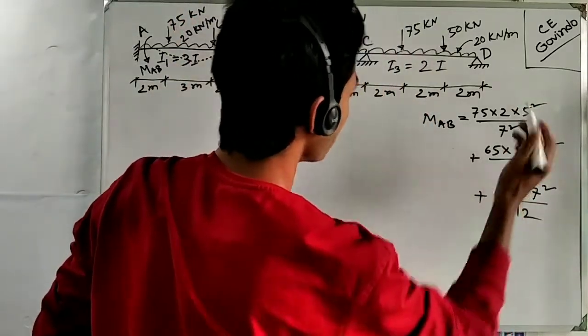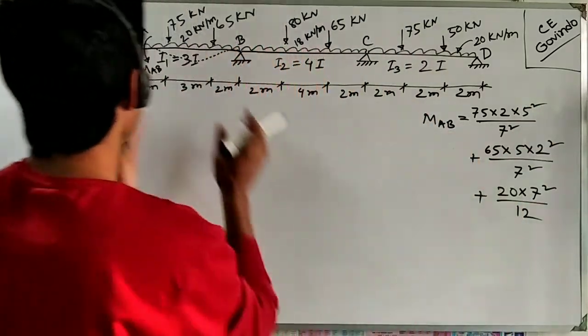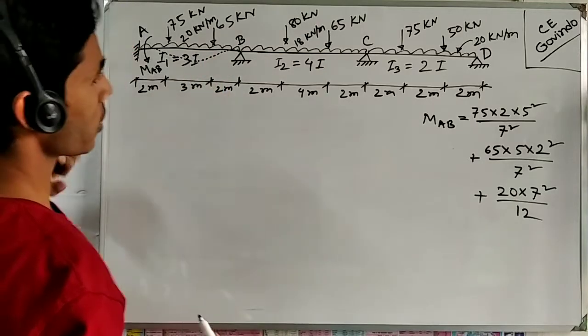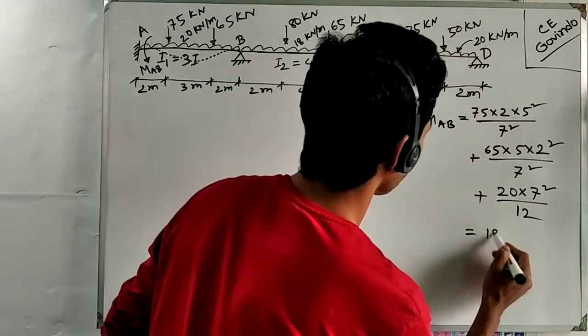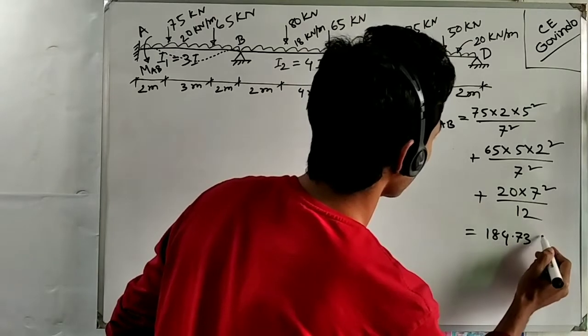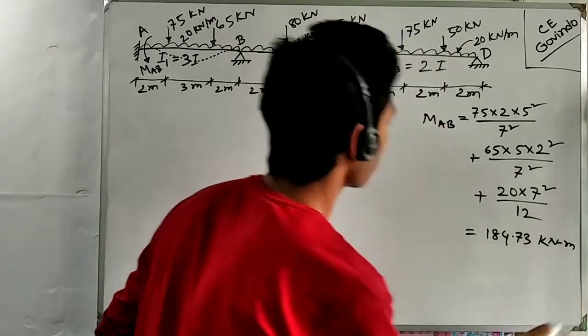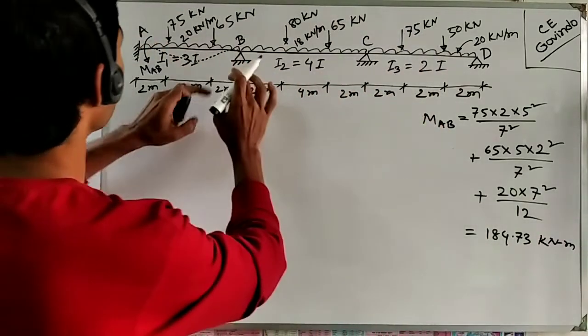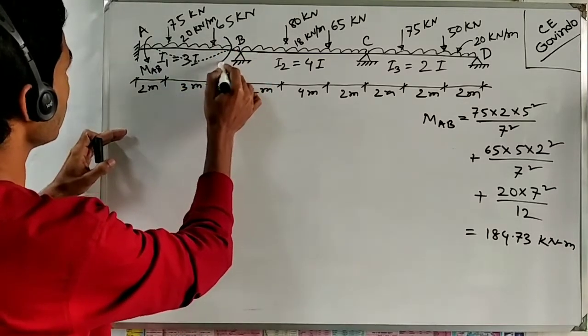If we sum all these values, then we get the moment for the AB member, that is at this point, and it will be 184.73 kilonewton meter.